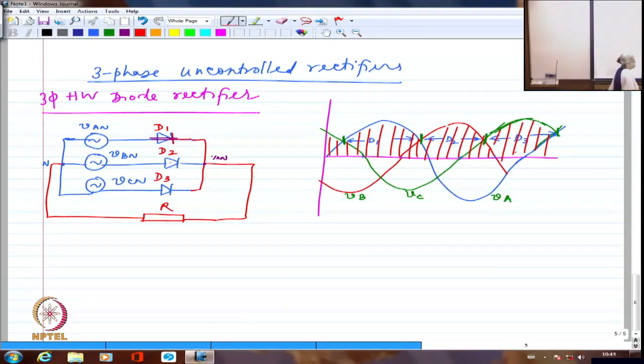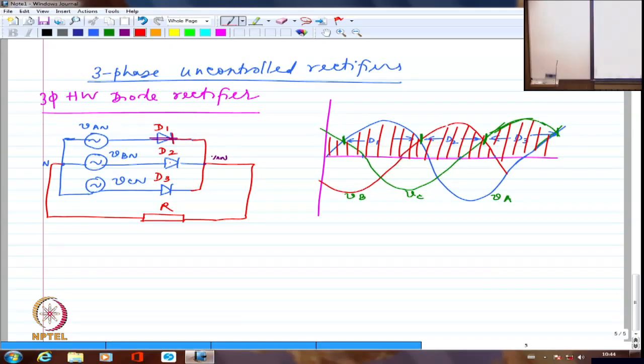If I try to look at the load voltage, this entire shaded portion comes. So whenever D1 is conducting, I'm going to have the entire VAN. Whenever D2 is conducting, I'm going to have the entire VBN. And similarly, I'm going to have entire VCN whenever D3 is conducting. Right? And please note, this is repeating itself every 120 degrees.